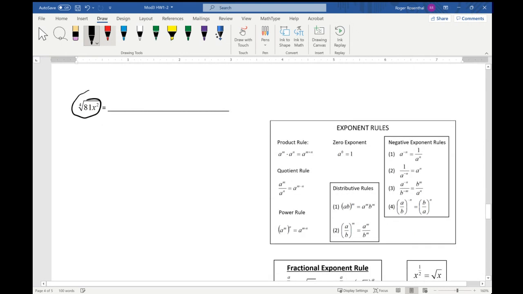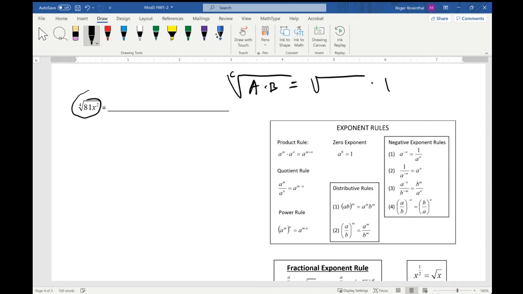Okay, we're going to do this one here. Again, I'm going to remind you of the rule. If you have any kind of radical, no matter what the index is, I'll just call the index C, and you have multiplication inside of that, you can split that into two separate radicals. That's what we've got here.